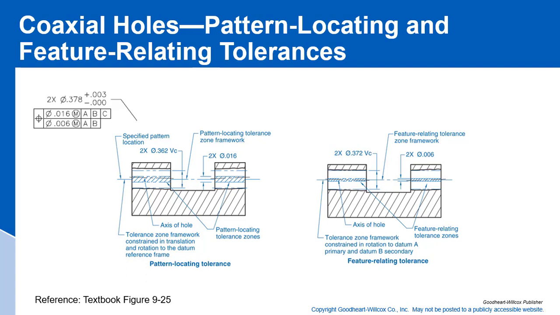Once we're in that pattern, we have a much tighter feature relating tolerance zone. Our virtual condition is down to 372, and it fits right through there. So there's our axis of the holes. So once we locate our pattern, we want to hold them tighter.